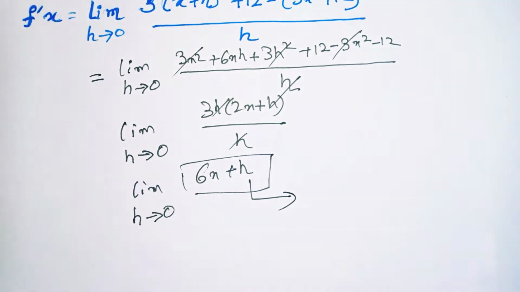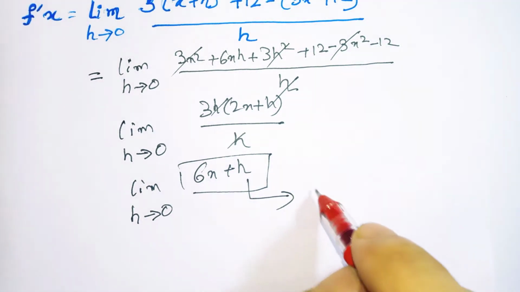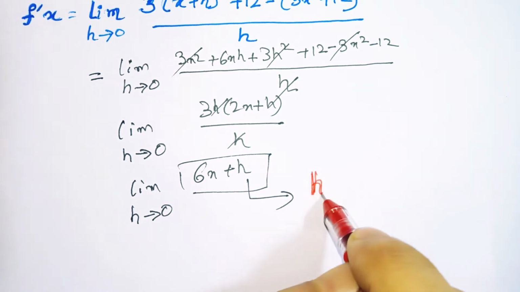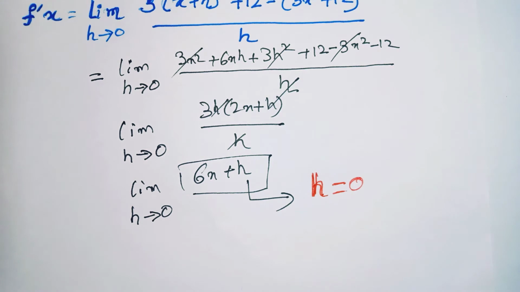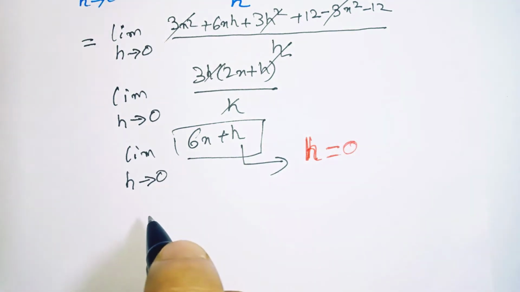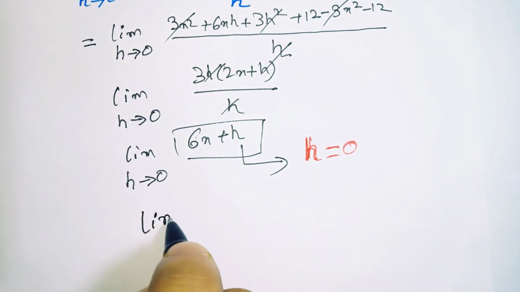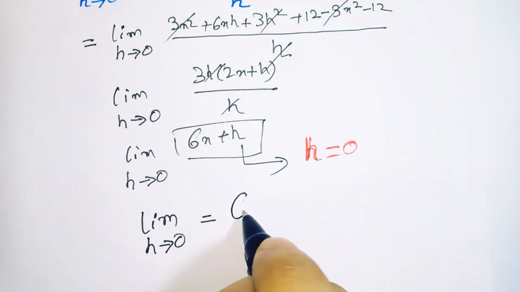Now, because h is moving towards 0, I use h equals 0. So what is the final result? If I substitute 0, the limit of h moving towards 0 is equal to 6x.